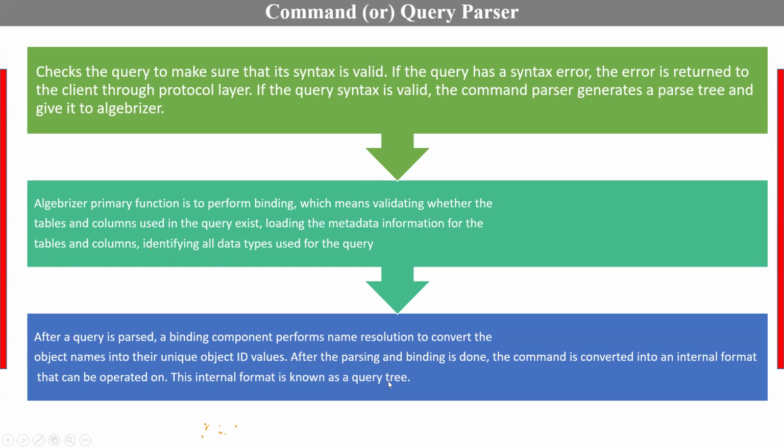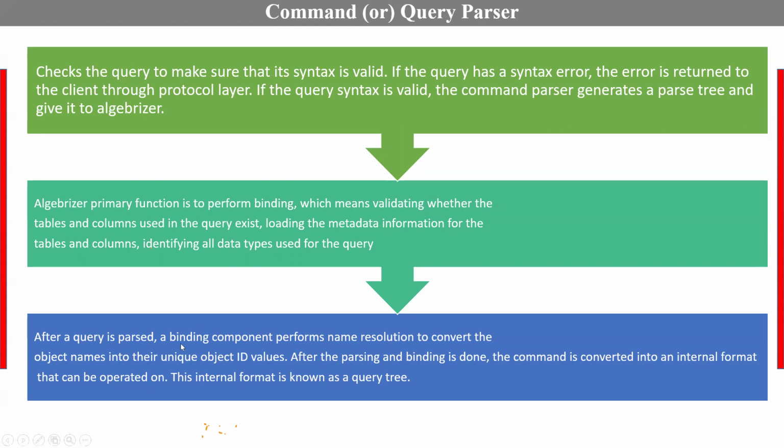So your command parser will not only check the syntax error, it will also bind the request. What do you mean by binding? Validating the columns, tables, schemas, data types, all the stuff, and converting that query into an understandable format.